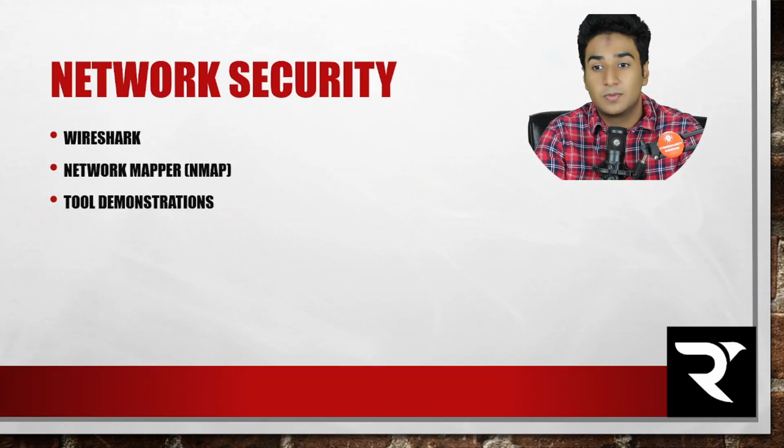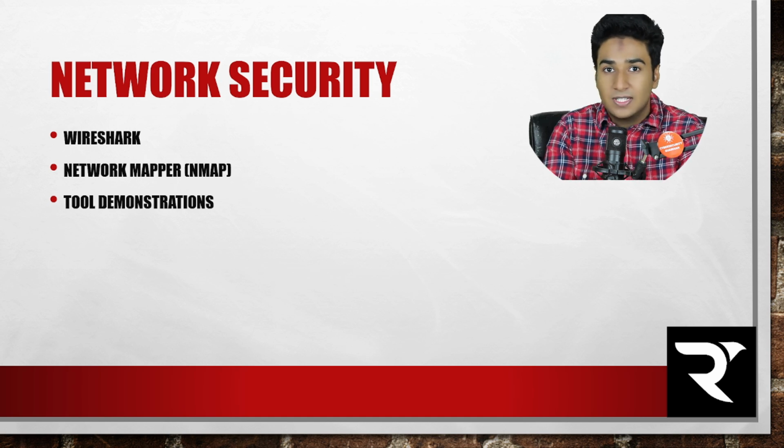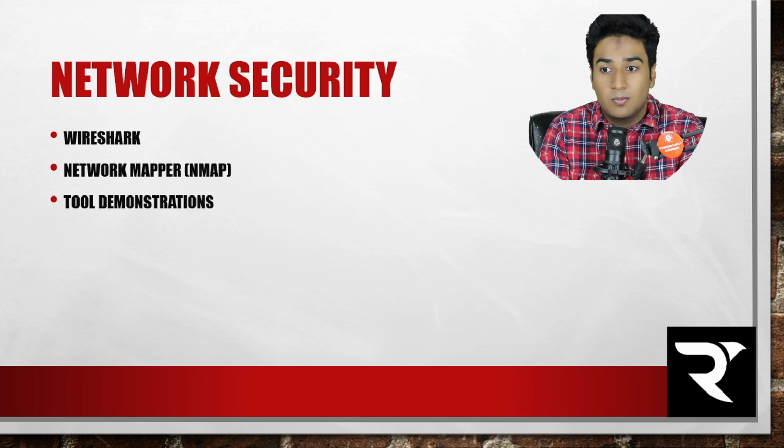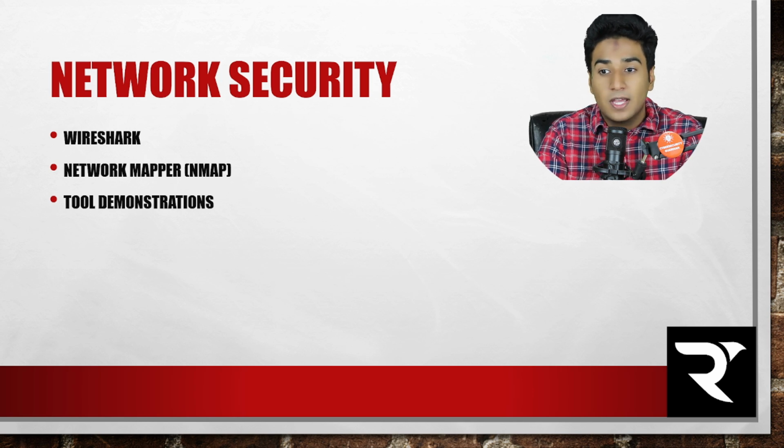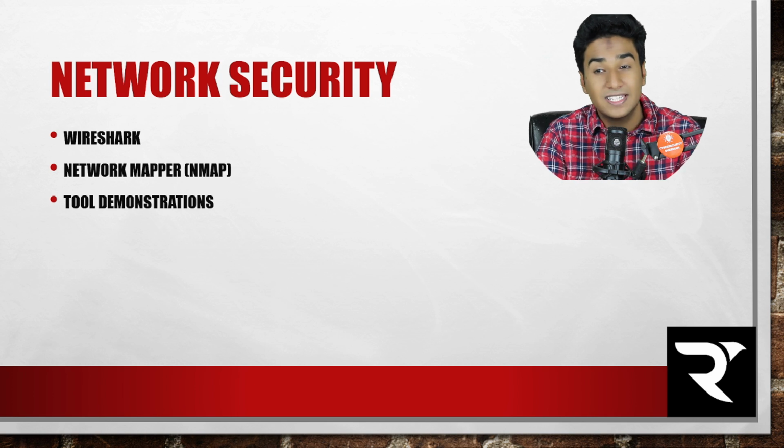Let's move on to the tools for network security that can be used, and these tools can aid in fortifying your digital landscapes on networks. Wireshark, for example, is used for network traffic analysis, and Nmap is a powerful network scanning tool. We'll be looking at demonstrations of these tools to understand their functionality and how they can be used to identify and mitigate security issues.